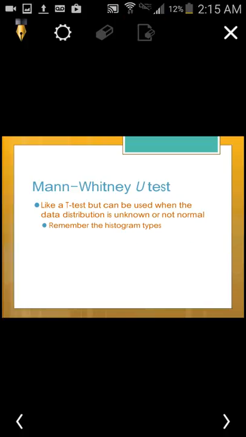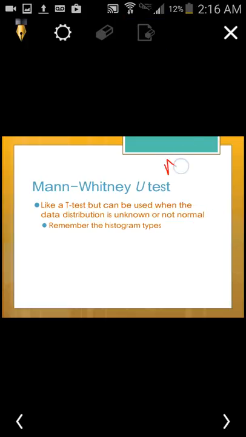The Mann-Whitney U test is like a t-test, but it can be used when the data distribution is unknown or not normal. Come on, man. This sounds like a last resort to come up with something for a report about how you know what you're doing when you don't even know your distribution and your distribution is not normal.